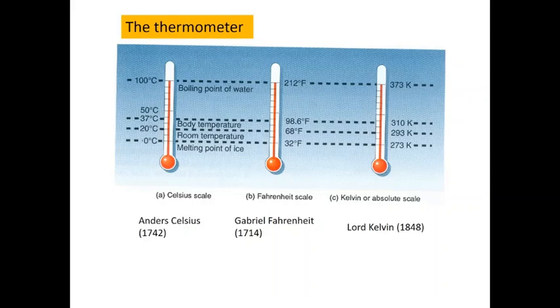To measure the temperature we use a thermometer. A thermometer is a tube made of glass, and inside it has some specific liquid. Usually it's mercury or alcohol. We have different kinds of thermometers.